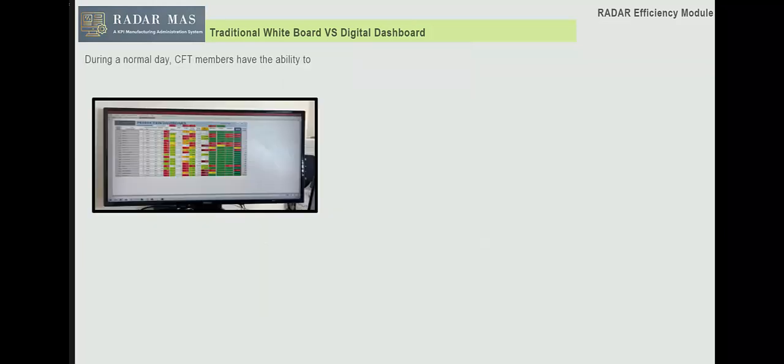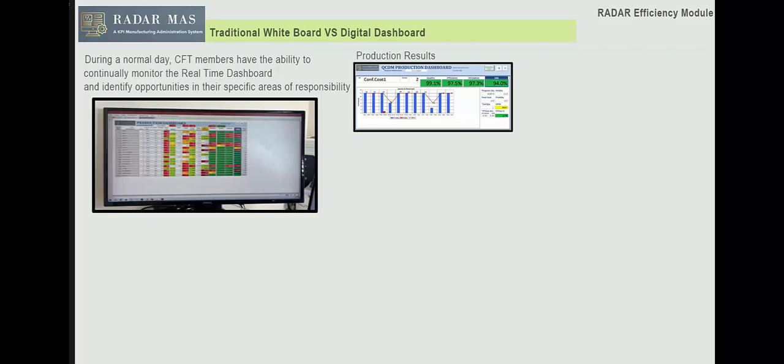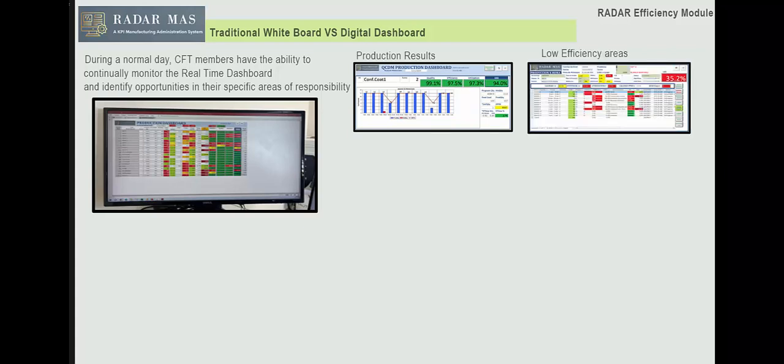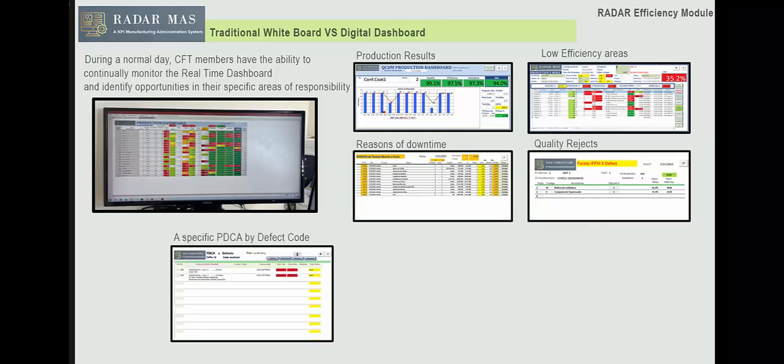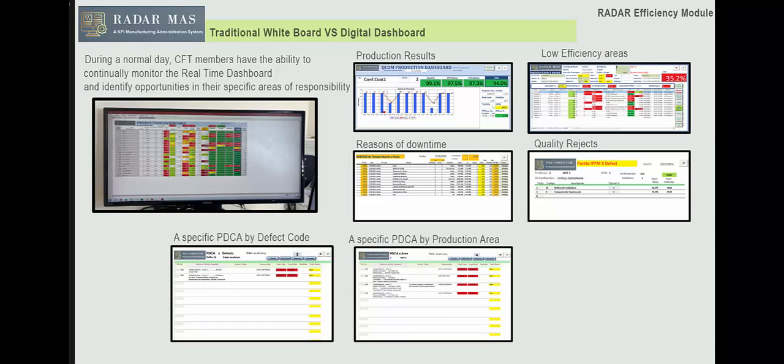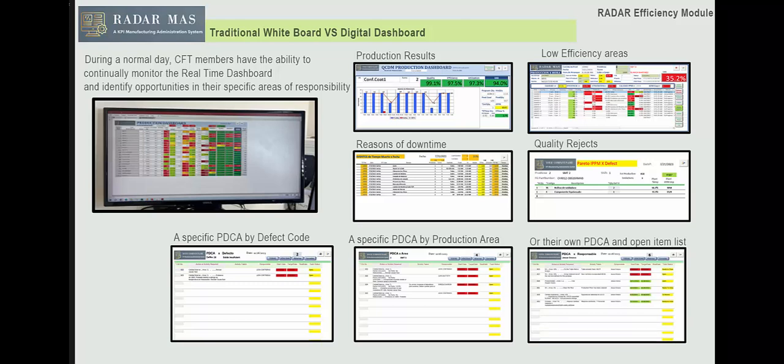During a normal day, cross-functional team members have the ability to continually monitor the real-time dashboards and identify opportunities in their specific areas of responsibility, such as production results, low efficiency areas, reasons for downtime, quality rejects, a specific PDCA for defect codes, or a specific PDCA for a particular production area, or even their own PDCA and open item list.